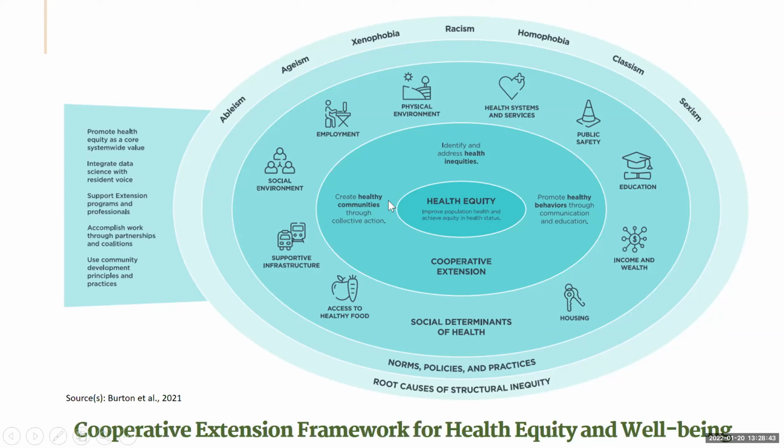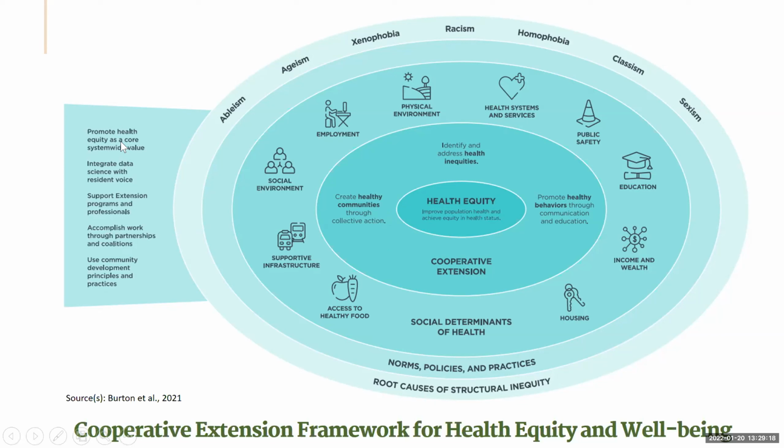The second stream is creating healthy communities through collective action. This might involve working with and through coalitions to create healthier communities. The work of these coalitions many times focuses on addressing the social determinants of health and reducing any barriers that people might have to achieving optimal health. All of these things work together to improve population health and achieve health equity and health status.